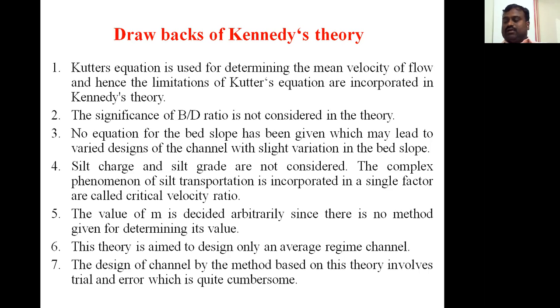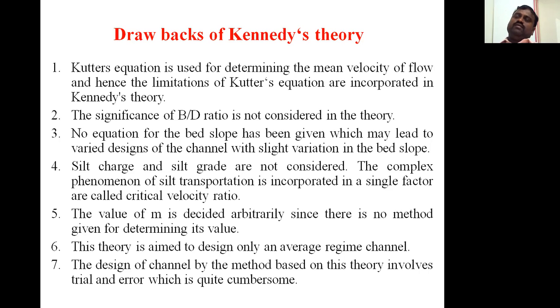As we know, Kennedy made use of Kutter's equation to calculate the mean velocity of flow. He has not given any equation to calculate the mean velocity of flow. Therefore, the limitations of Kutter's equation are incorporated in Kennedy's theory. And Kennedy did not consider the significance of the V by D ratio in his theory.